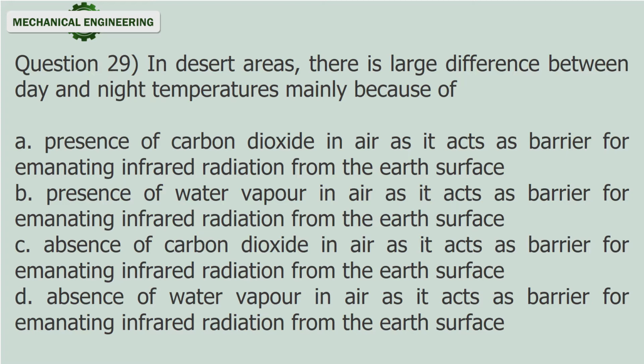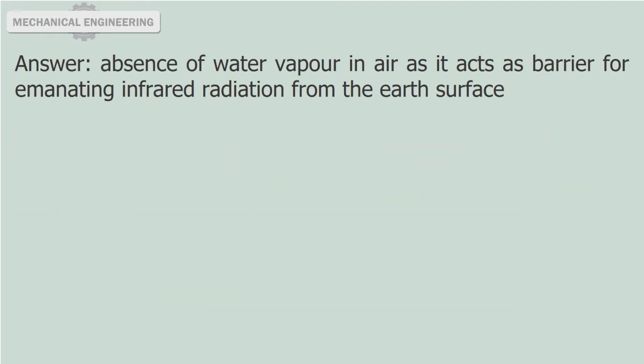C. Absence of carbon dioxide in air as it acts as barrier for emanating infrared radiation from the Earth's surface. D. Absence of water vapor in air as it acts as barrier for emanating infrared radiation from the Earth's surface. Answer: absence of water vapor in air as it acts as barrier for emanating infrared radiation from the Earth's surface.